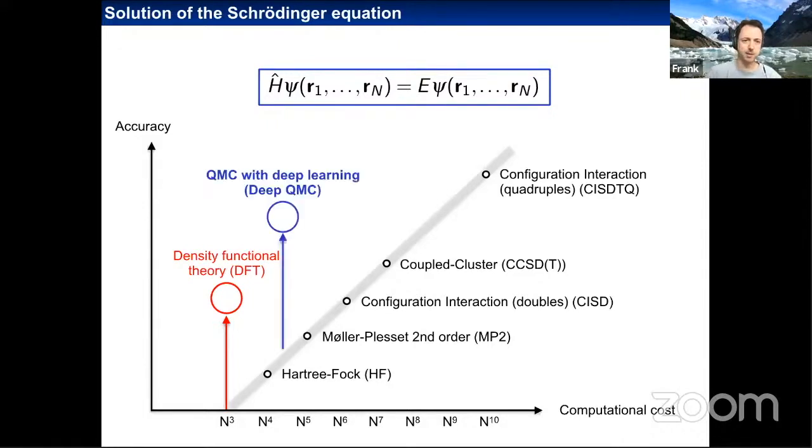And we believe that by combining quantum Monte Carlo with machine learning, and specifically we use deep learning, but I think also other function approximation methods that are sufficiently flexible would work well, can also be such an outlier in the sense that it's a method that is fairly cheap. I mean, it's not very cheap, something like N to the 4 to N to the 5, but it can be very accurate compared to other methods which have this sort of scaling.